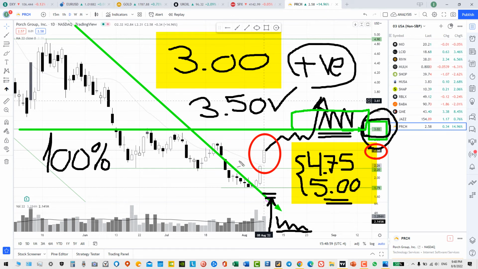Then the targets are as shown: 3.50 as the first station over the short term and up to $5 over the medium term. The expected stop loss point is really far away, around 2.20, and this is a relatively very far stop loss point.